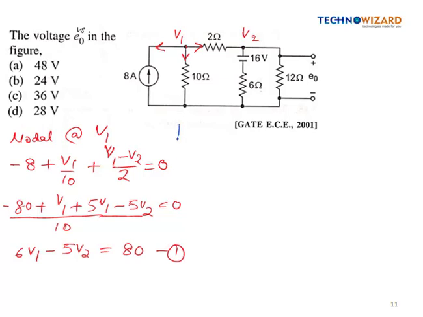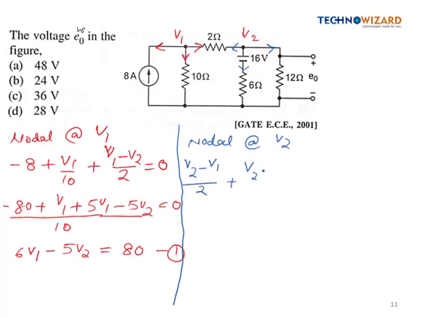Now applying the nodal at V2. The current will be in this direction, right? So it will be V2 minus V1 by 2 plus V2 minus 16 by 6.